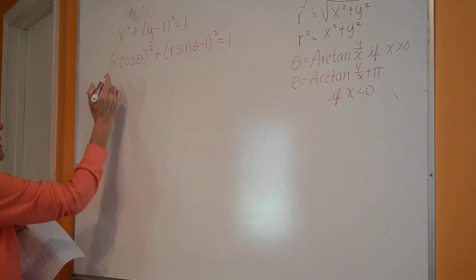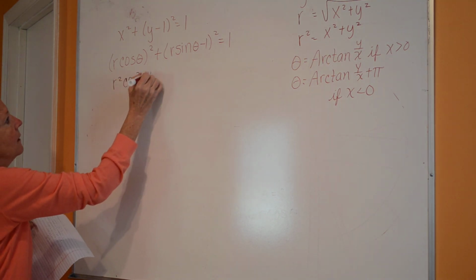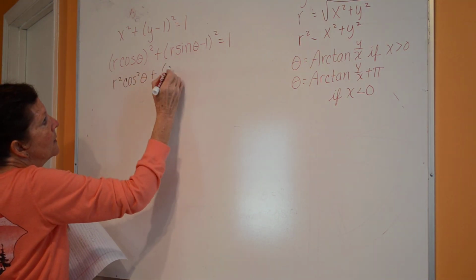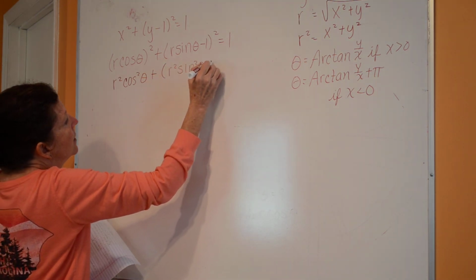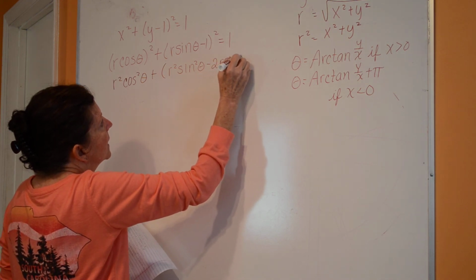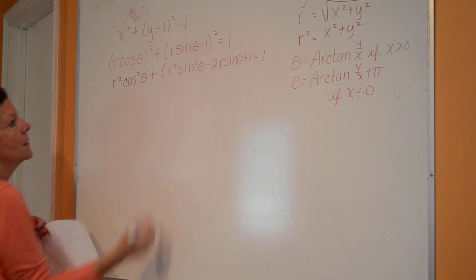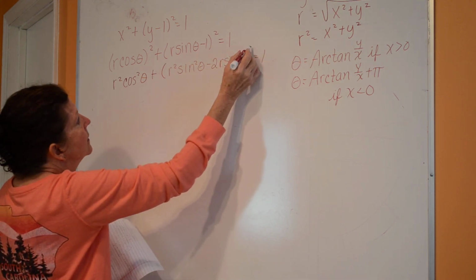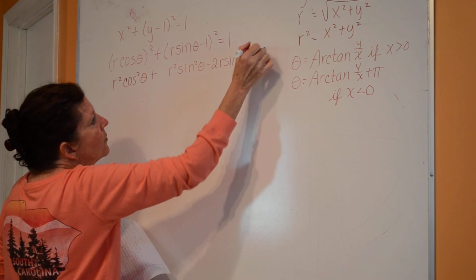I'm going to go ahead and square that, so it's r squared cosine squared theta plus, this is going to be FOIL, r squared sine squared theta minus 2 times r sine theta plus 1 equals 1. I'm going to subtract the 1 from both sides.